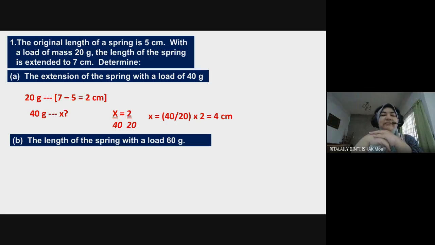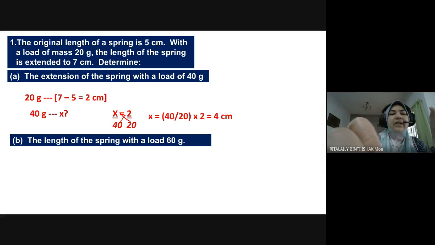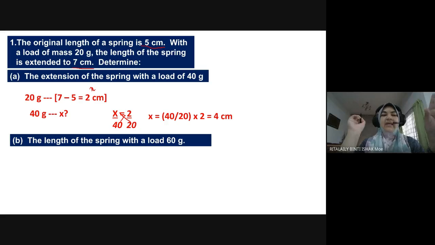Okay, ni dia guna apa? Perkadaran dalam bahasa Melayu lah, but I don't know what it is called in English. When X is, okay, this is the initial length, this is the extension, so the extension X is 2 cm when 20 gram.